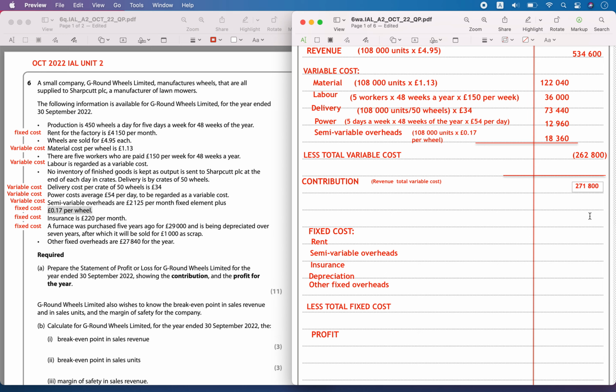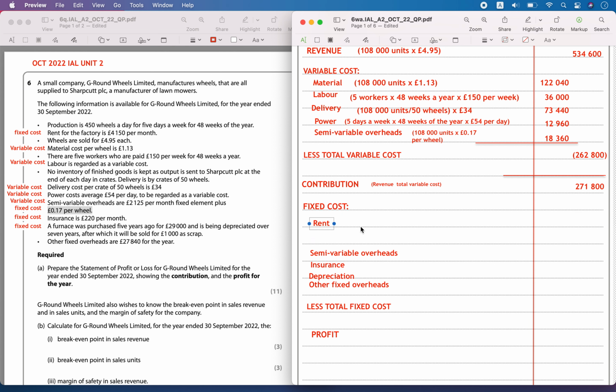This is going to be your contribution, revenue minus the total variable cost, that is equal to 271,800.